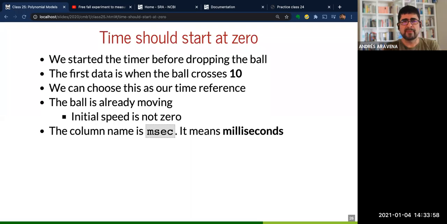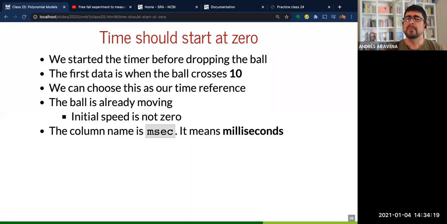So what I did is I put the watch, the timer, in the screen, so I could compare the timer of the camera with the timer in the screen to have a second point. So you drop the ball and you have the initial time and then the initial position.